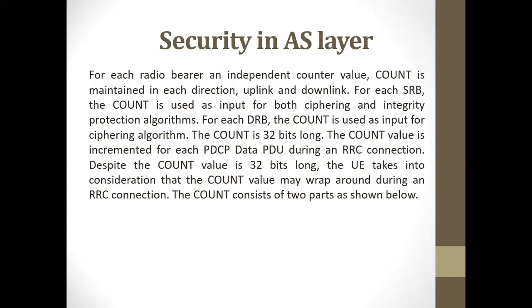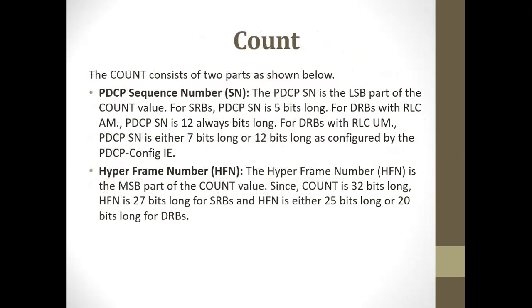That kind of refresh in security algorithms you don't want to bring very often, so you make this count long, 32 bits. But if you want to include this count with your packets every time you increase it, that will be significant overhead, 32 bits long. So only the PDCP SN is transmitted, and the rest is calculated on the two sides.